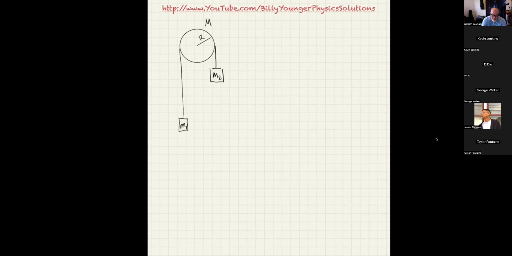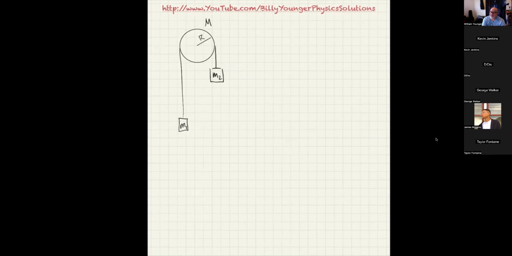Now, in this case, I think you can see if I think about it from the perspective of m2, m2 feels like it's falling and would say, oh, I should be accelerating at about 9.8 meters per second squared, but that rope is slowing me down. So according to m2, it feels a tension pulling up on it. And m1, as m2 is falling down, that rope is going to the right, and that's lifting m1.